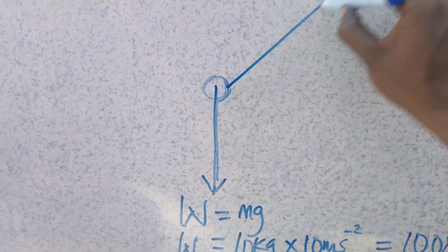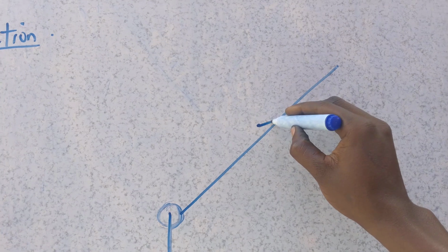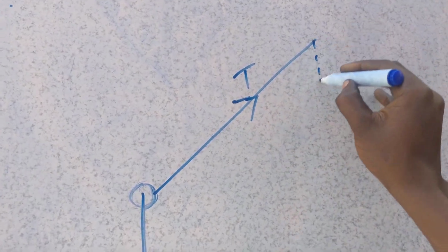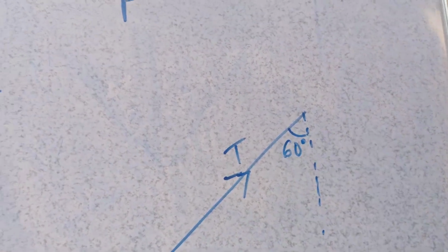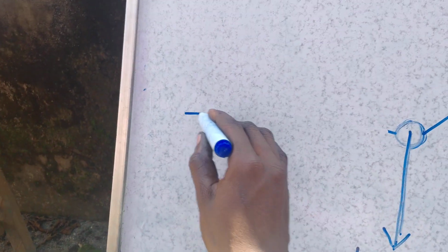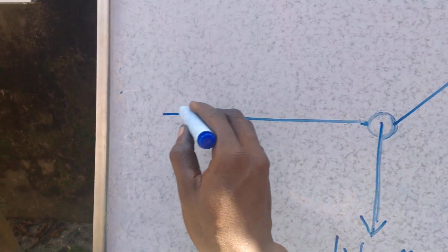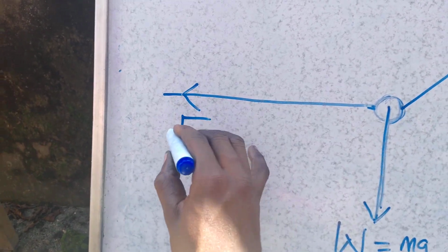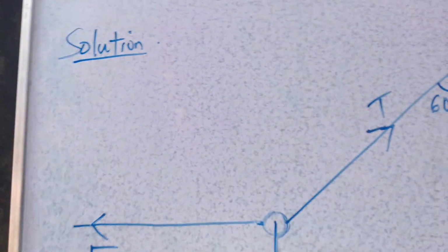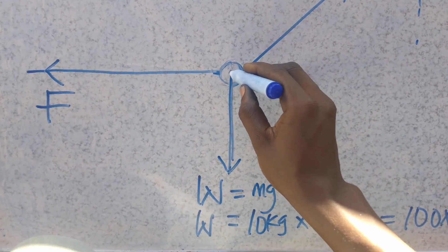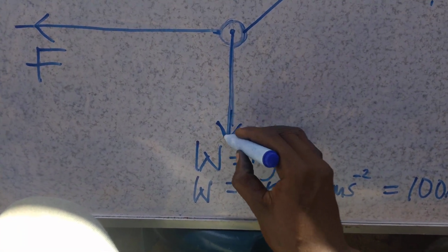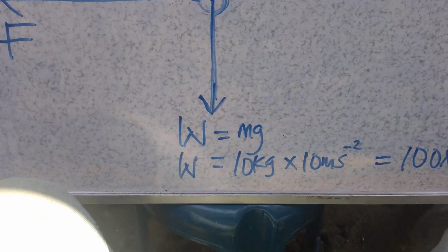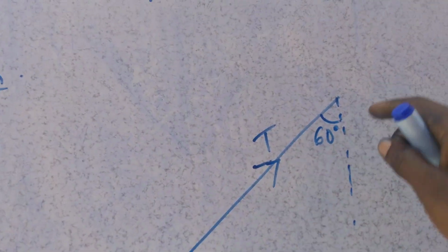So at this point now you take your tension force T, which is inclined at an angle of 60 degrees with the vertical. And at this other point you take the line going this way, that is the force F. So we have the weight of that body acting vertically downwards as W equals mg, which is 100 newton, and the tension force going this way.